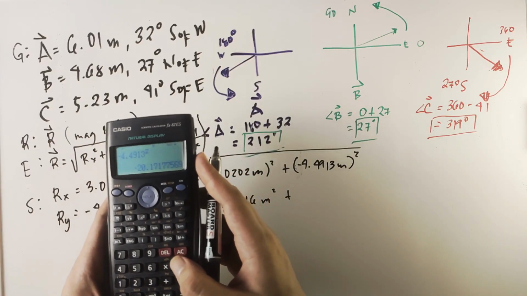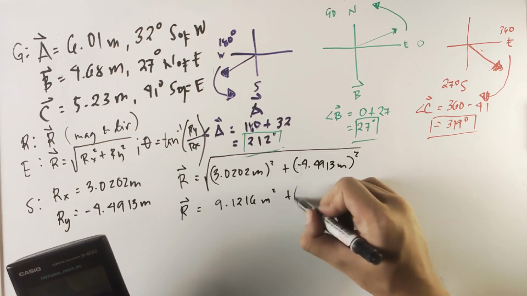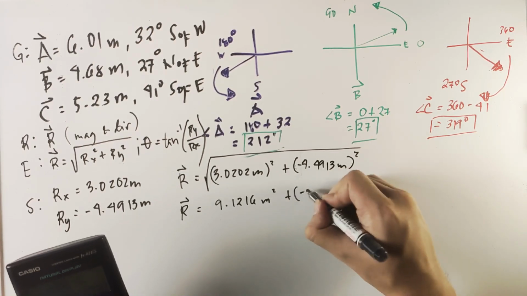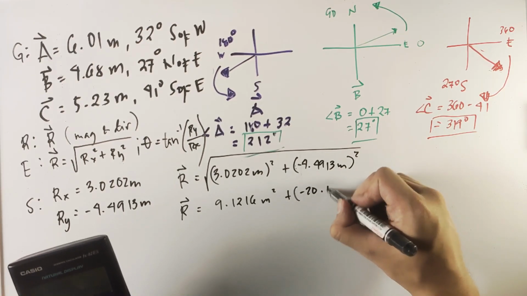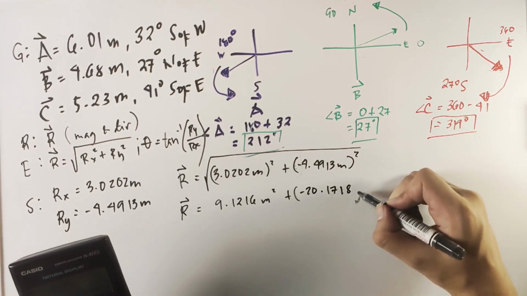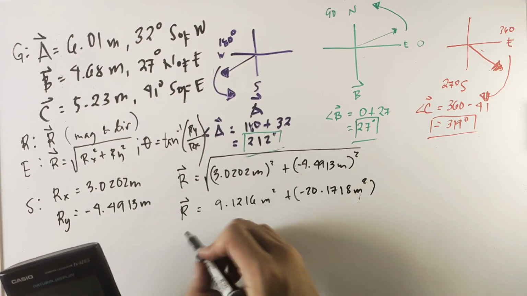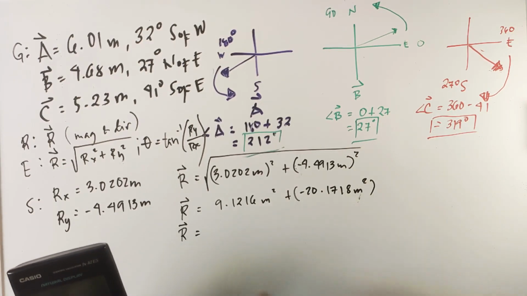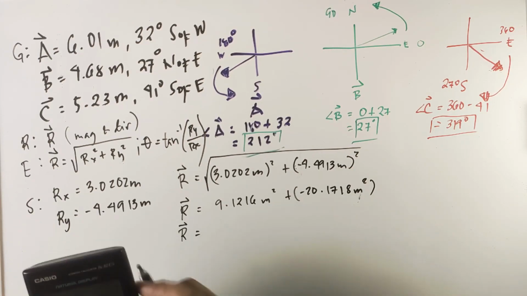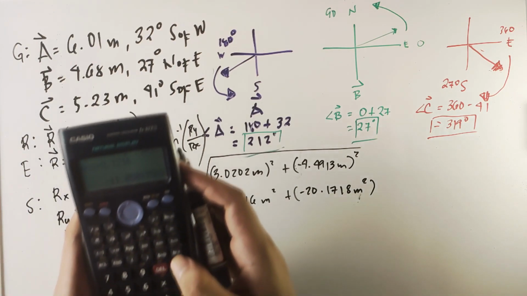Negative 20.1718, negative 20.1718 meters squared. Okay, so we're going to add them. So what's the sum? So that would be 9.1216.